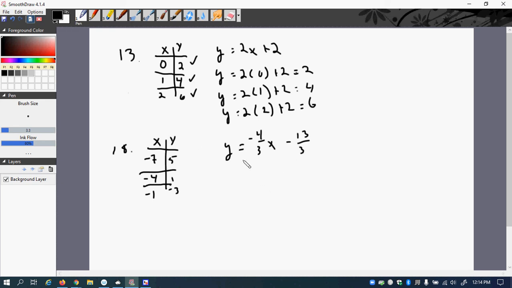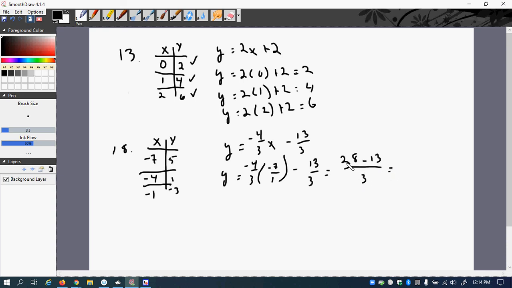So let's put in the x. So y is equal to -4/3 times -7 over 1 minus 13/3. Okay, and so we multiply, we get a negative times negative, which is 28 minus 13, and that's all over 3.